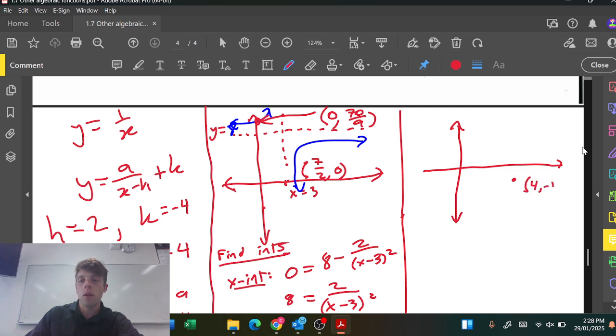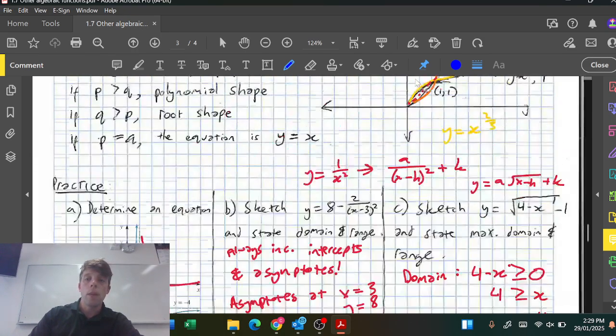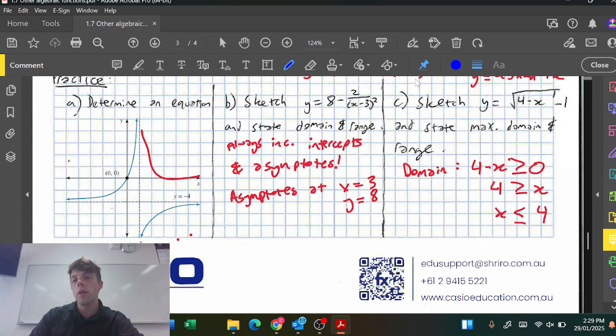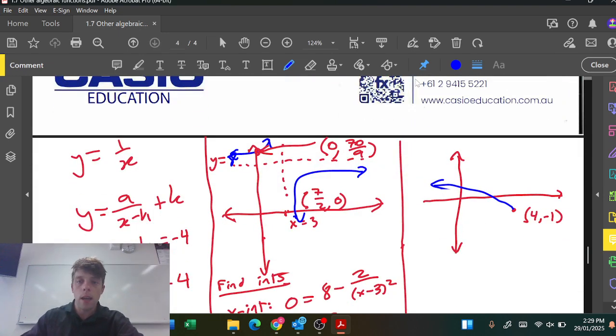It starts there, and it takes on this kind of shape. It's going to look something like that. So a sideways parabola, we're looking for an x-intercept and a y-intercept. So let us find those two coordinates.